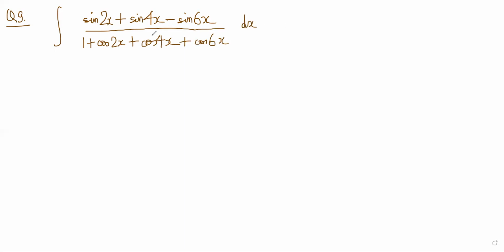We have to integrate this. So the idea here will be to not try to integrate it immediately. First, try to simplify it a little bit using your trigonometric knowledge.